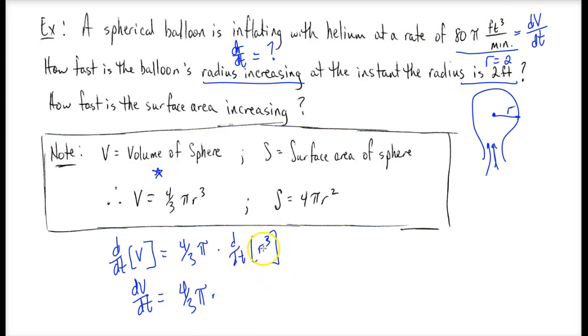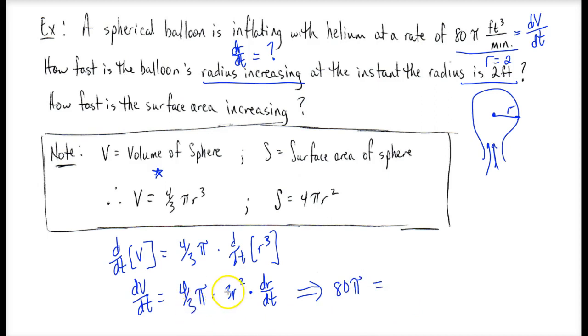And we also know that taking the derivative of r cubed with respect to t will require us doing the chain rule. So the derivative of r cubed with respect to r would just be 3r squared times the derivative of the inside function r with respect to t, which is just dr over dt. And of course, from there, we know that dV over dt is 80 pi cubic feet per minute.